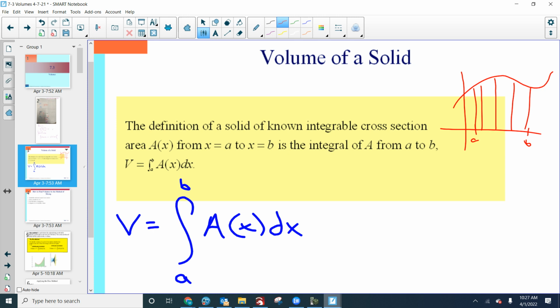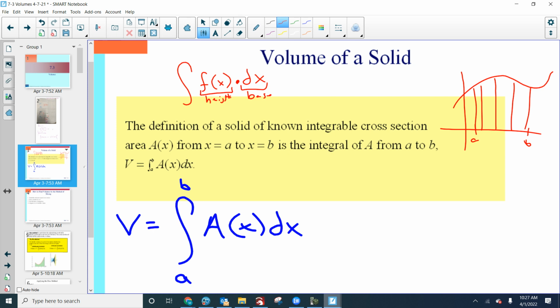What is the stacking process? It's the accumulation of something, isn't it? Hang with me here. Accumulate a bunch of rectangles: area. The integral accumulates f of x dx. Base, height, right? Base, height.